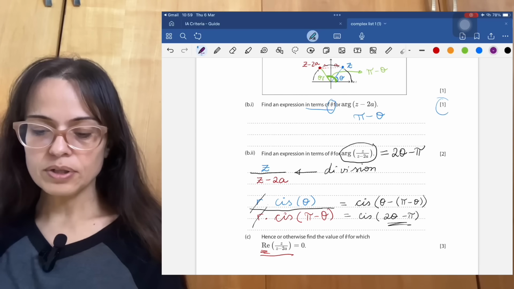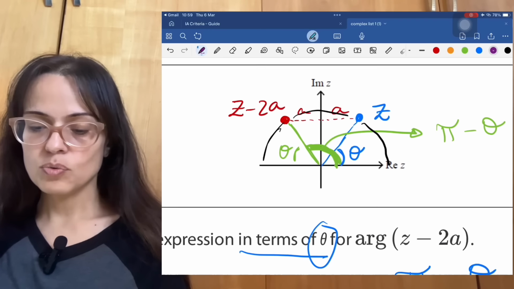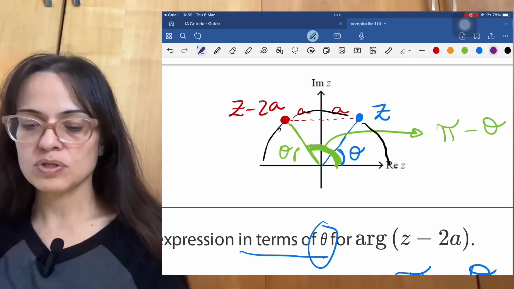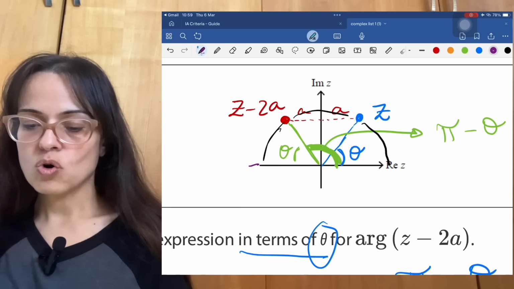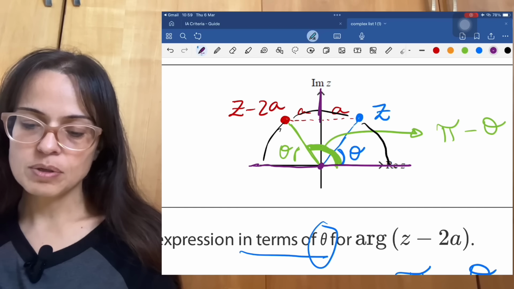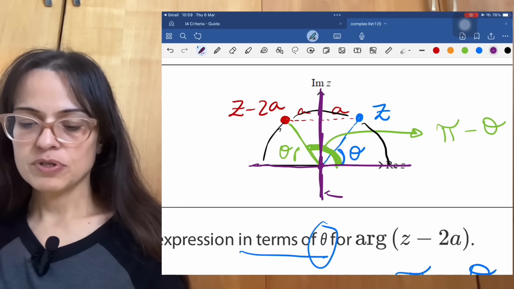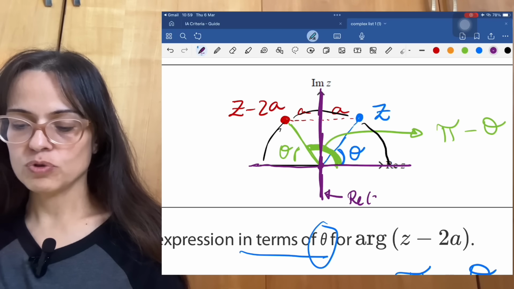Okay, so what are numbers that have a real part equal to 0? The real part is the horizontal coordinate. So if the horizontal coordinate is 0, I'm talking about numbers that are on this axis here. These are the numbers that have the real part equal to 0.